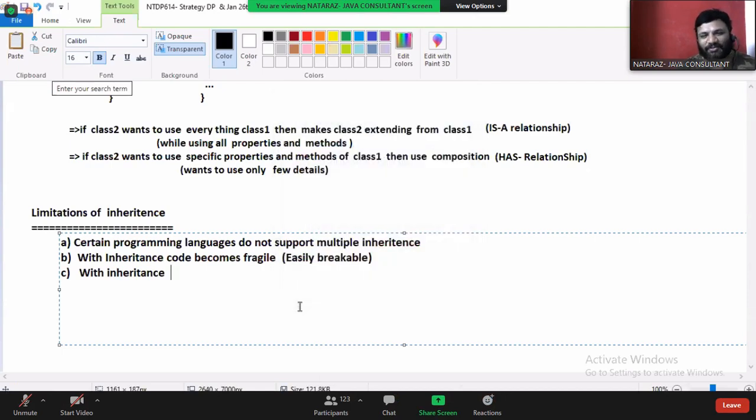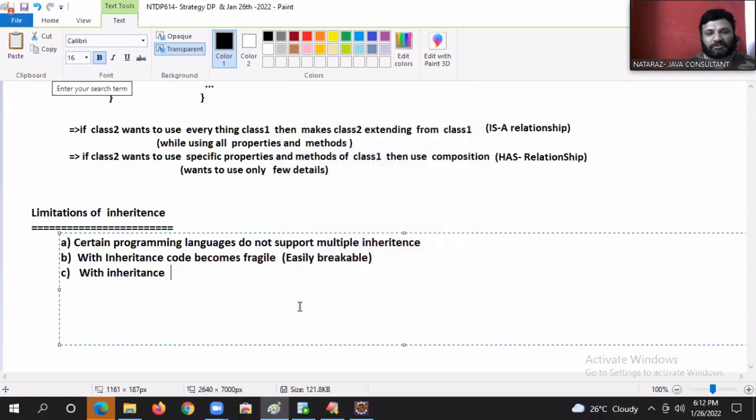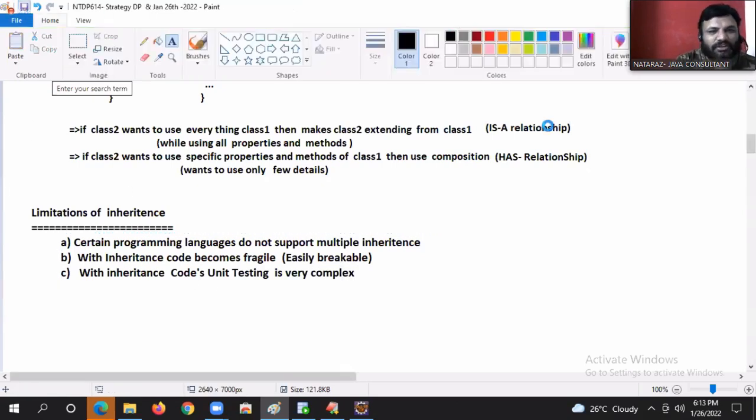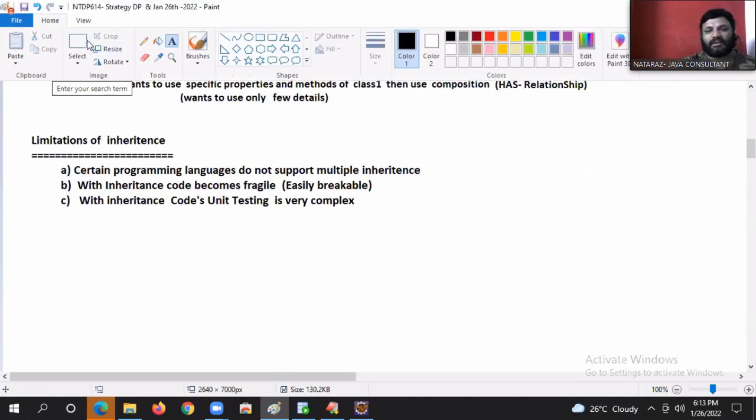I understood your excitement, but there's an order of learning. With inheritance, code unit testing is very complex, boss. So shall we take one by one, guys?